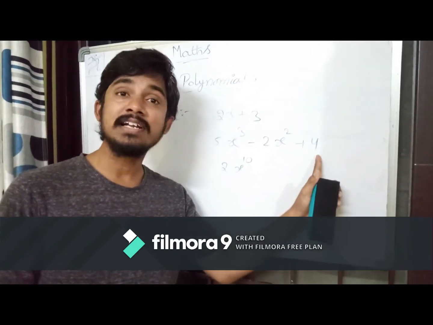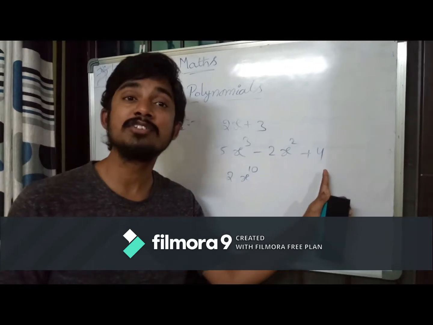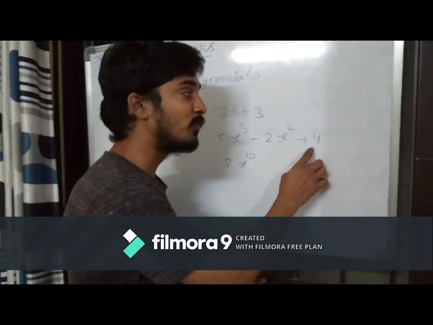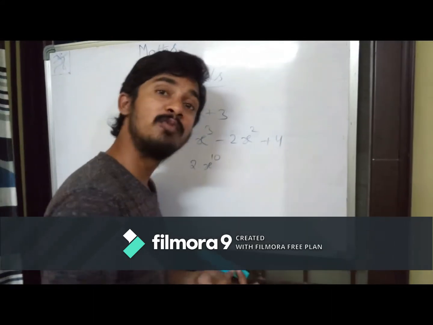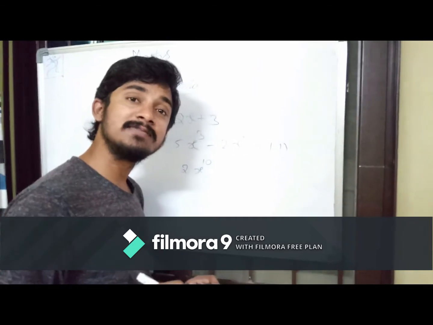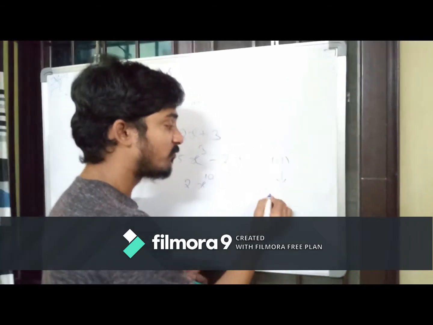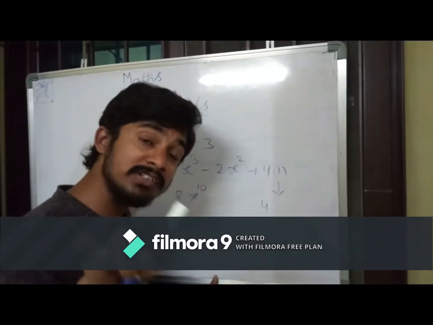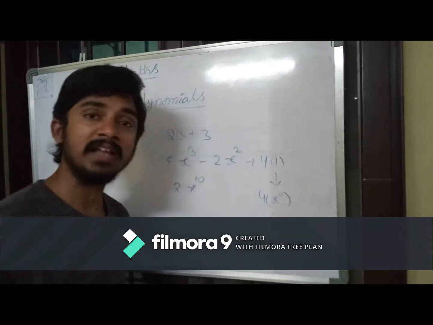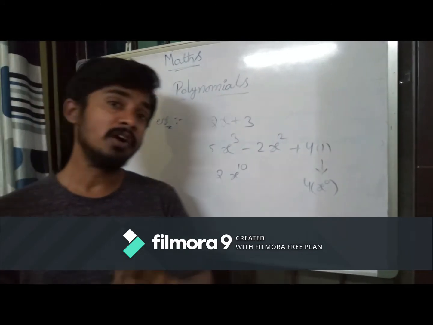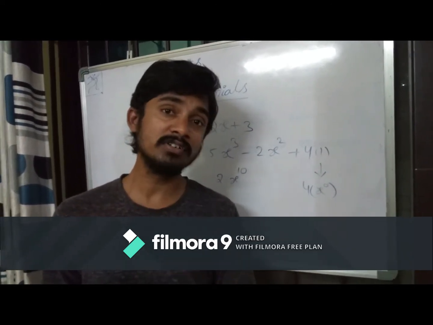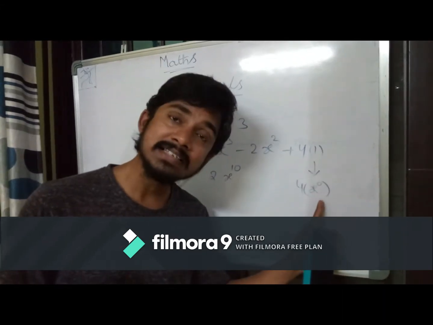In this constant term there is no variable. So 4 can be written as 4 into 1. By using a variable, 1 can be written as x power 0, because we know that anything power 0 equals 1.